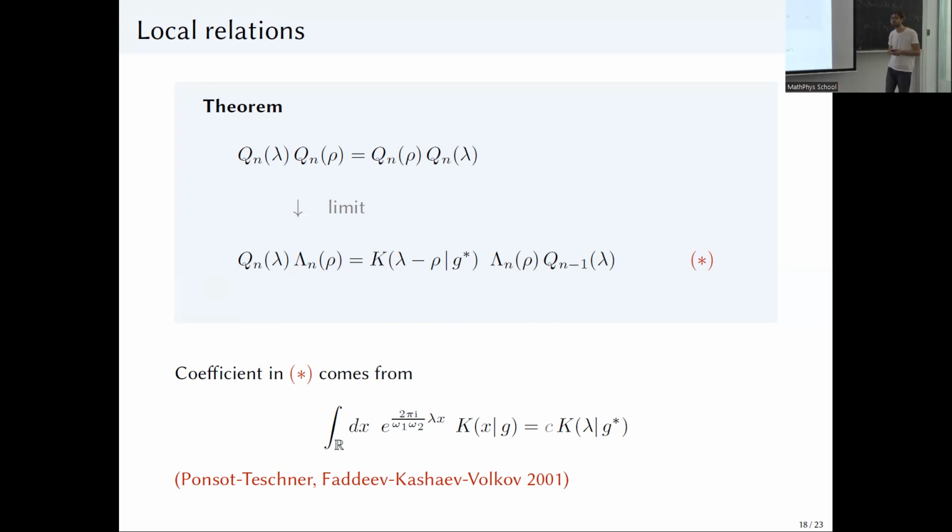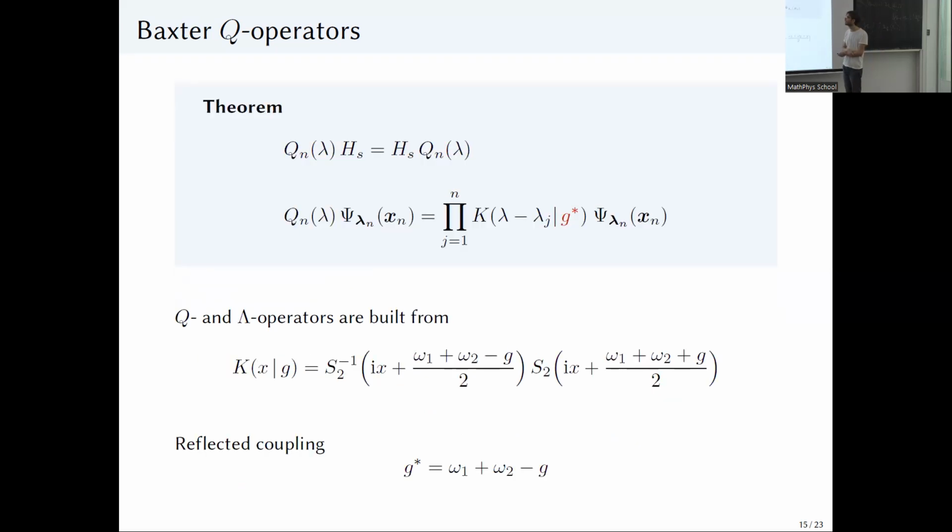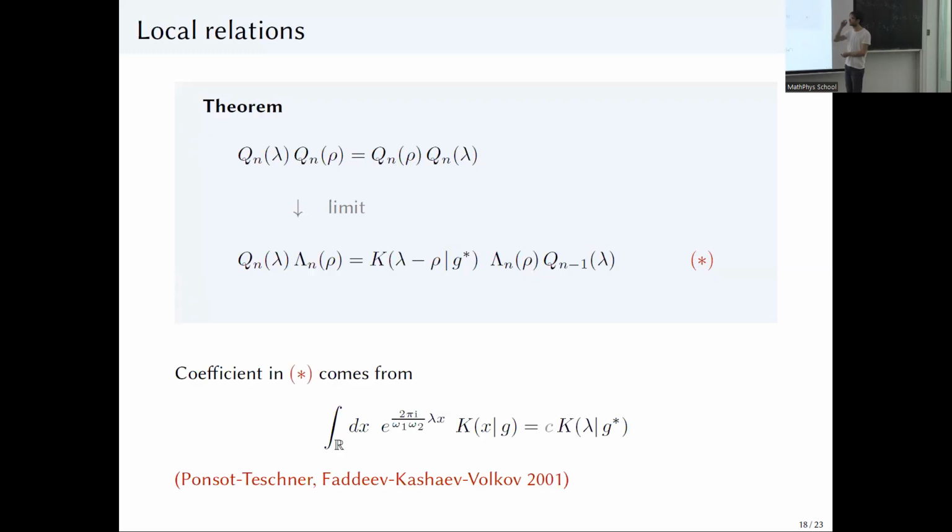There are the Hamiltonians and the Q operators, and it turns out the Q operators also commute between themselves. You could extract the Hamiltonian from the Q operator, but it's really a long story.